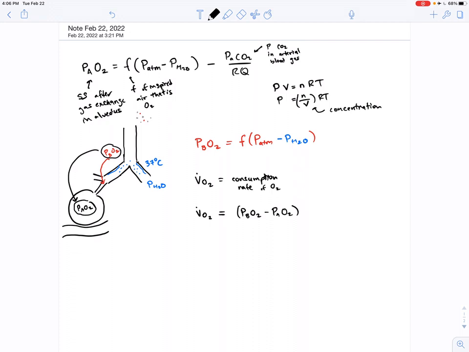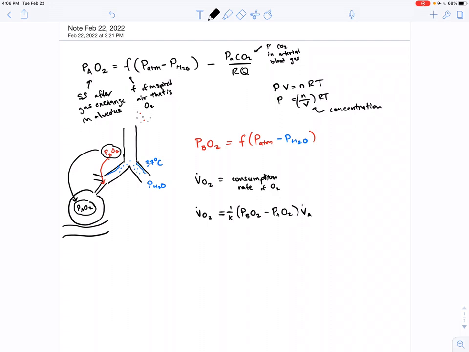But it's not just a matter of the concentration. Sorry, I should mention we have to tack on a constant here, 1 over k, because to go between concentrations and partial pressures, we just have this 1 over k constant, but that's not super important. So we have this concentration difference between the inspired oxygen and the oxygen in our alveolus. And V dot O2, the consumption rate, we just need to multiply by our alveolar ventilation rate.